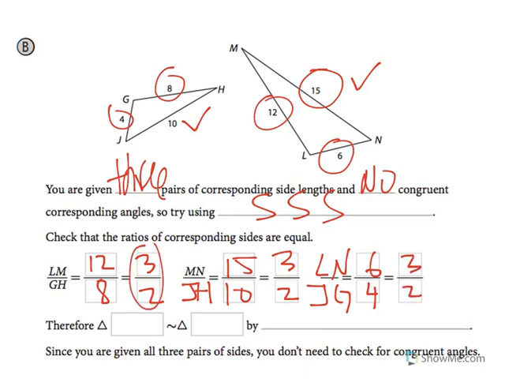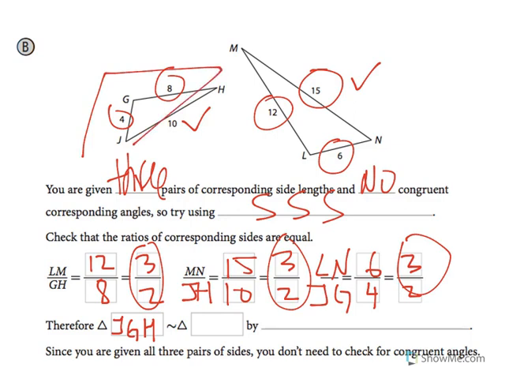Since they all have the same ratio, 3 over 2, that means we can say triangle JGH. All right, so when you write this, you go from short, medium to long. So you're doing the same here: short, medium, and long. So then we say that triangle NLM is similar by side-side-side. The order when you write this is very important, right?